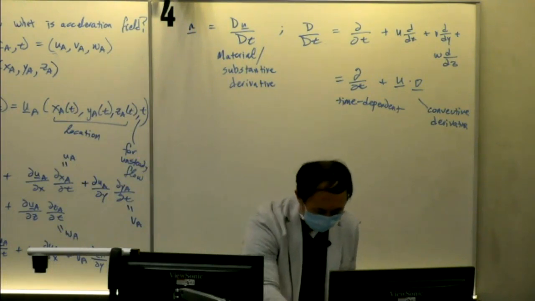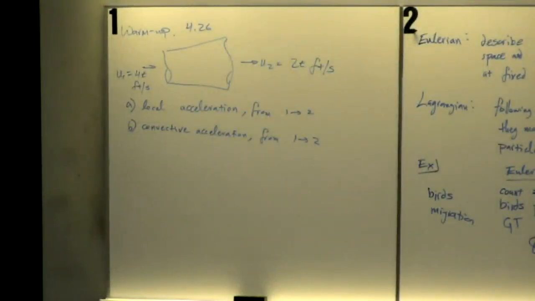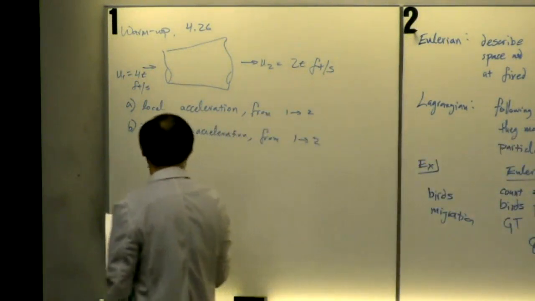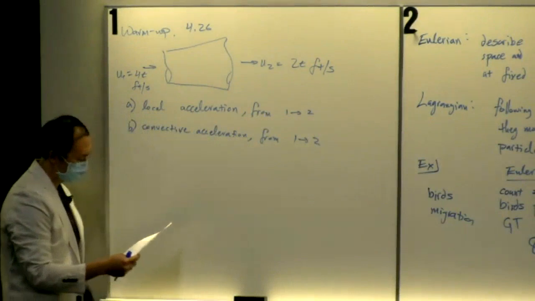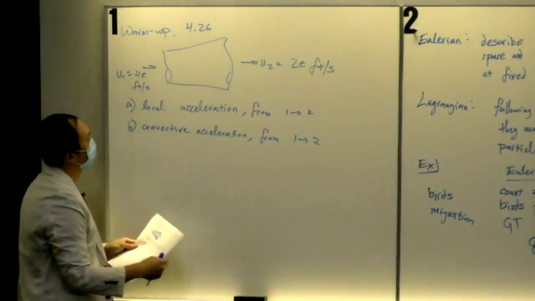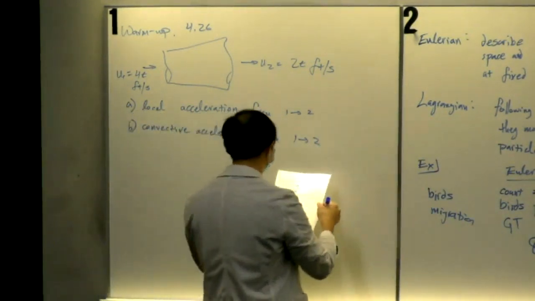Okay, now let's use that to solve this problem here. That time-dependent part can also be considered the local acceleration. All right, so the local acceleration from parts 1 to 2.